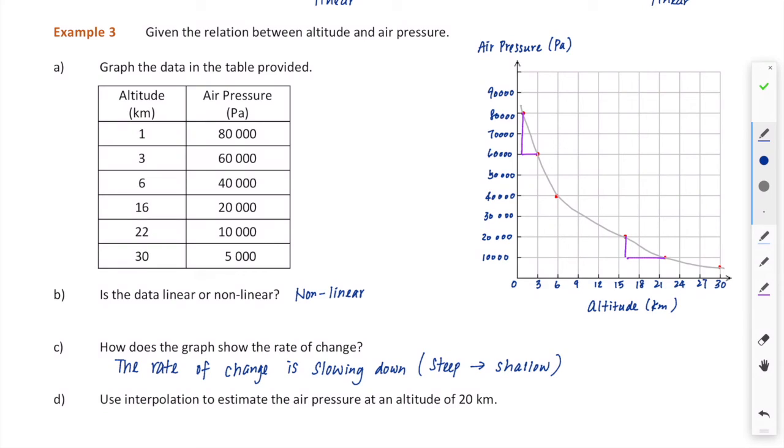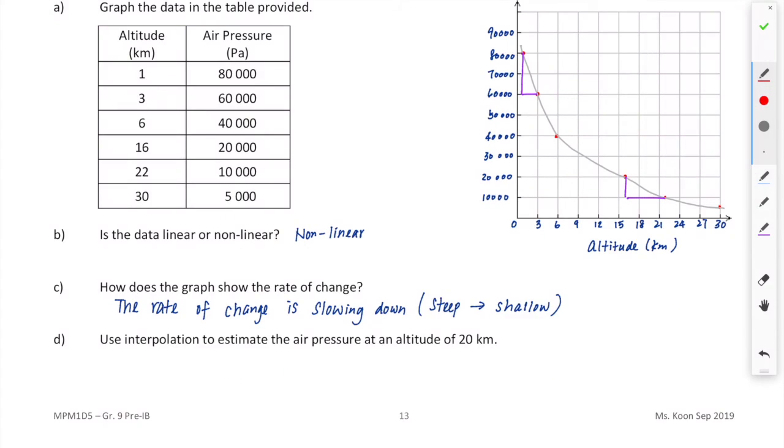And then next, use interpolation to estimate the air pressure at an altitude of 20 kilometers. Interpolation is the key word that we use to say that we want to determine the value of a data point on this graph within the range of the given data set.